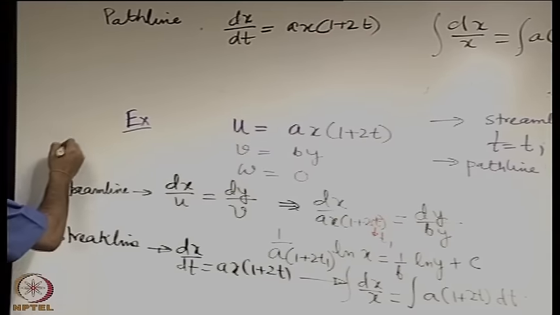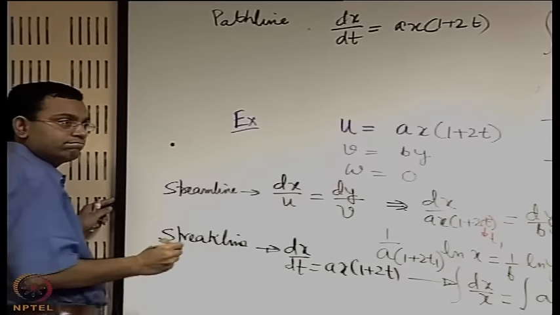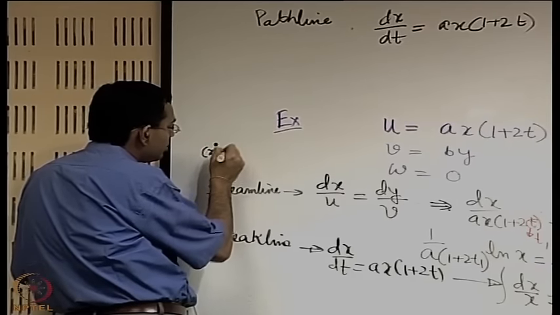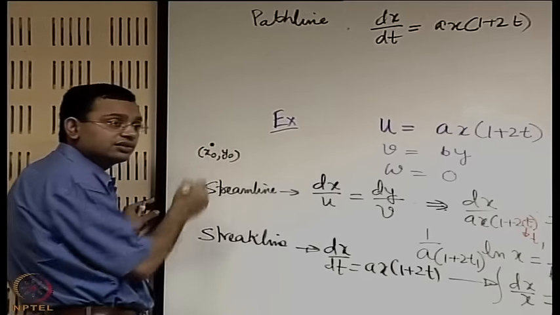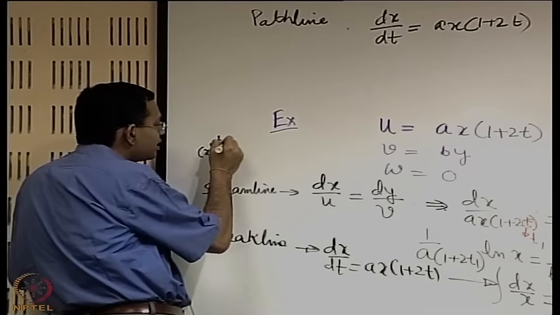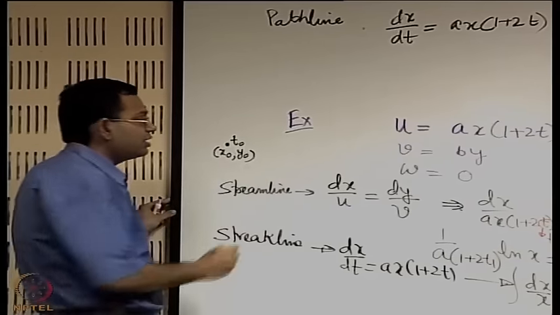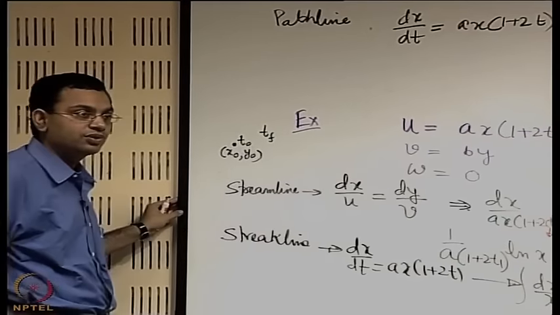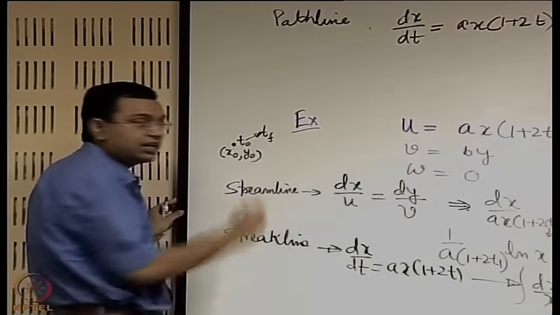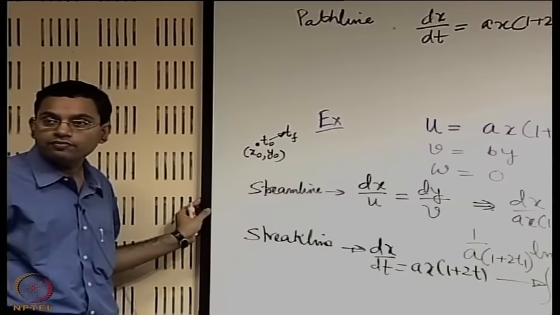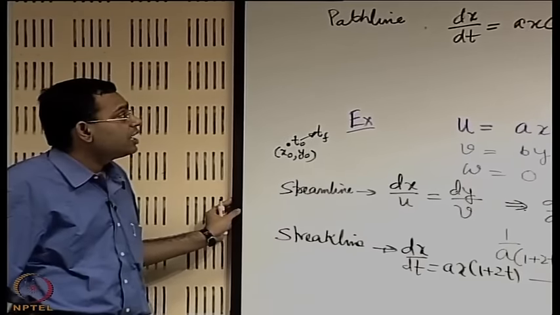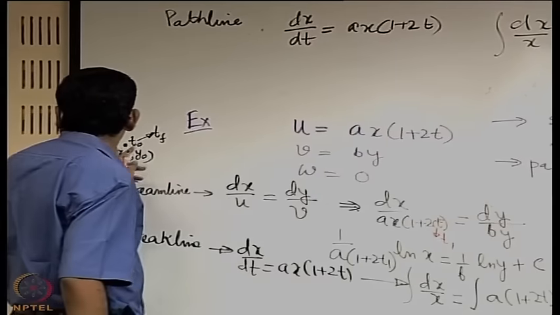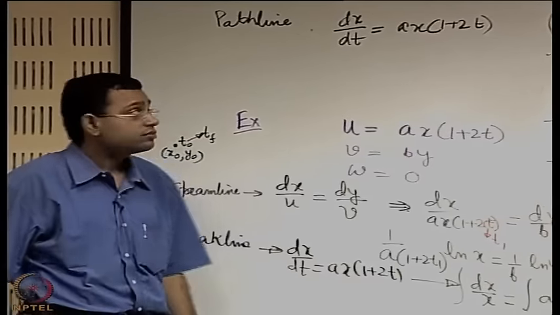Let us say that you are injecting the dye at some point x naught comma y naught, this is the point of dye injection. The dye injection starts at t naught and ends at tf, the final time. So this is the interval over which the dye injection takes place, and the time that we are bothering about, t1, is something in between t naught and tf.